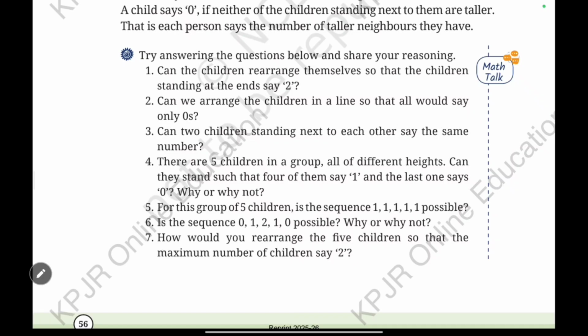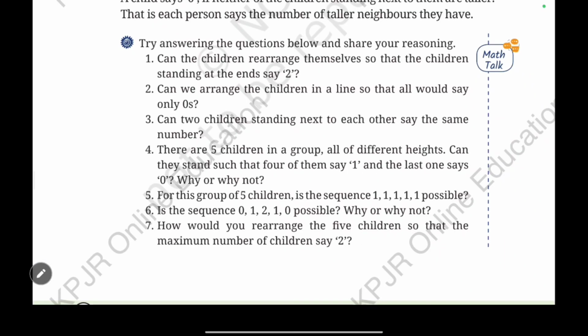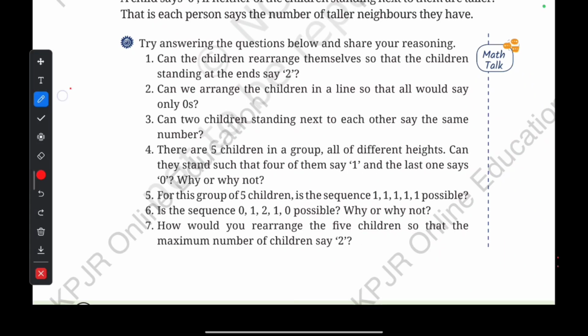Next one is the sequence 0, 1, 2, 1, 0. Is it possible? Why or why not? So how many children do we have? Five children. 0 means child 1 has no taller neighbor. Correct?